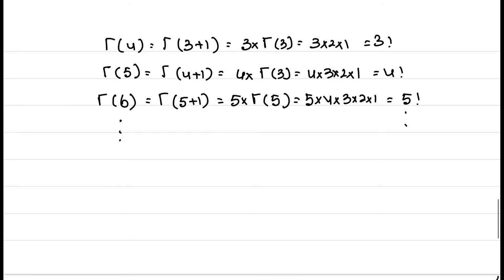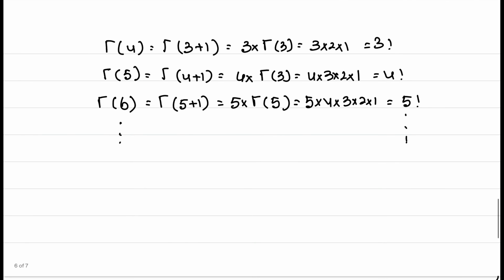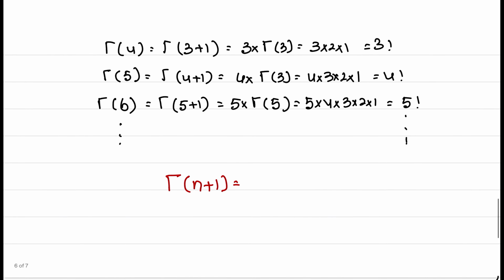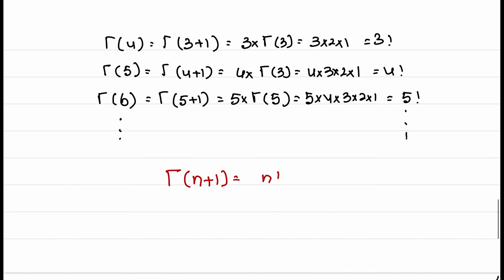Are you able to find some relation between these two? The final relation is a very important formula. Gamma n plus 1 is equal to factorial n. This is the ultimate formula we have got from the gamma function, connecting the gamma function and factorial.